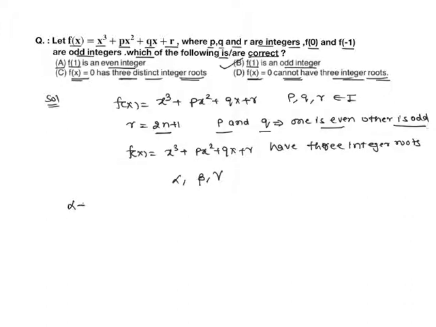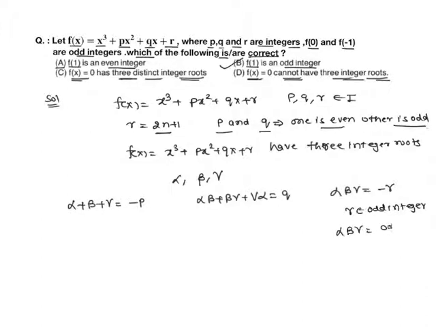We can say alpha plus beta plus gamma equals to minus p. Similarly, alpha into beta plus beta into gamma plus gamma into alpha equals to q, and alpha beta gamma equals to minus r. Now we know r is an odd integer, so we can say alpha beta gamma equals to odd integer.